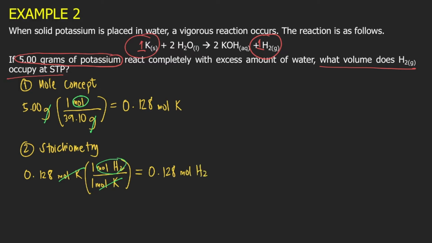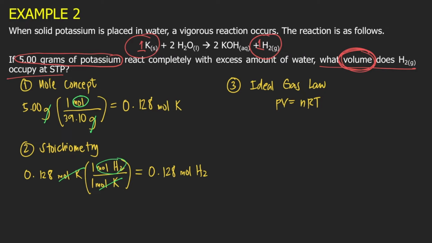Now that we have the moles of H2, we can move on to the third part of our solution, which is the ideal gas law, because the question is asking for the volume of H2. Again, the ideal gas equation is PV equals nRT.